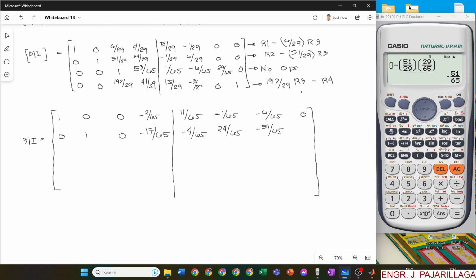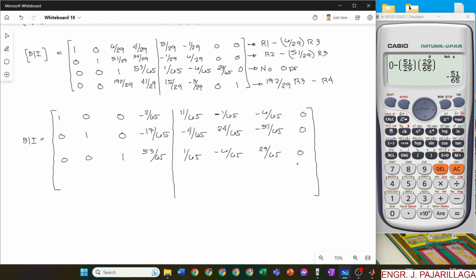And now 0 minus 51 over 29 multiplied by 0, that is just 0. Okay? So, copy natin yung susunod kasi wala naman tayong operation. So, 0, 0, 1. 53 over 65. And then we have 1 over 65. Negative 6 over 65. 29 over 65. And then we have 0.